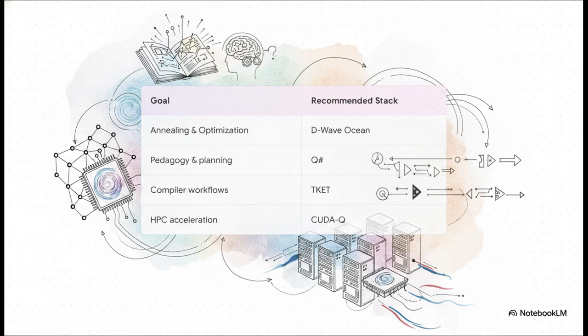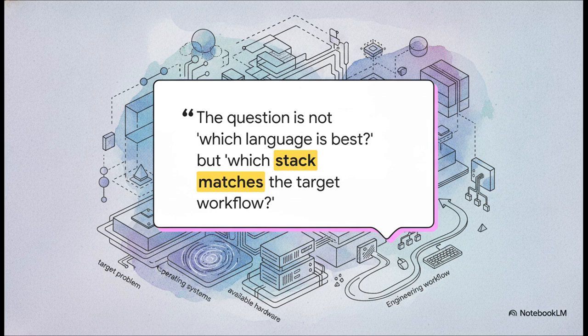So, the crucial point is this. Ultimately, the practical question for software engineers is not the hype-driven, which quantum language is best. The real mature question is, which stack matches the target problem, the available hardware, and my specific engineering workflow? Quantum programming is just this rich, incredibly layered ecosystem of specialized tools.